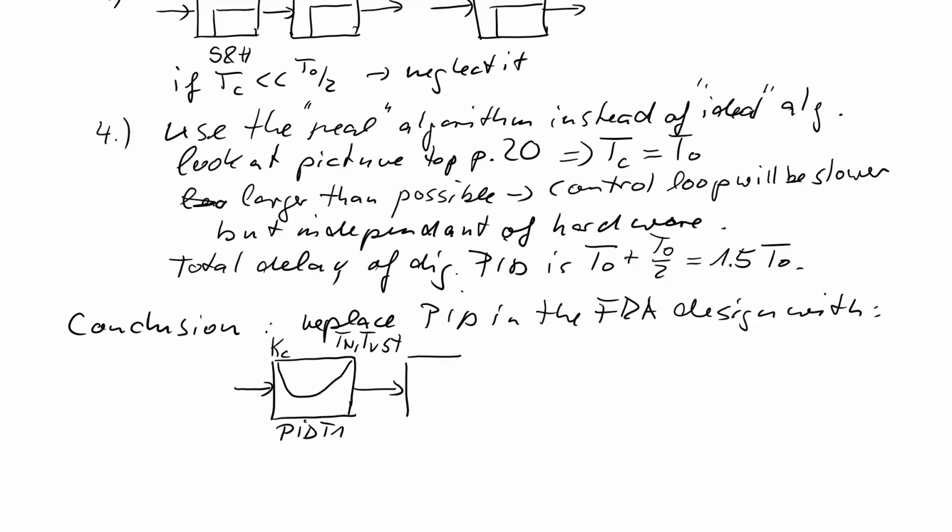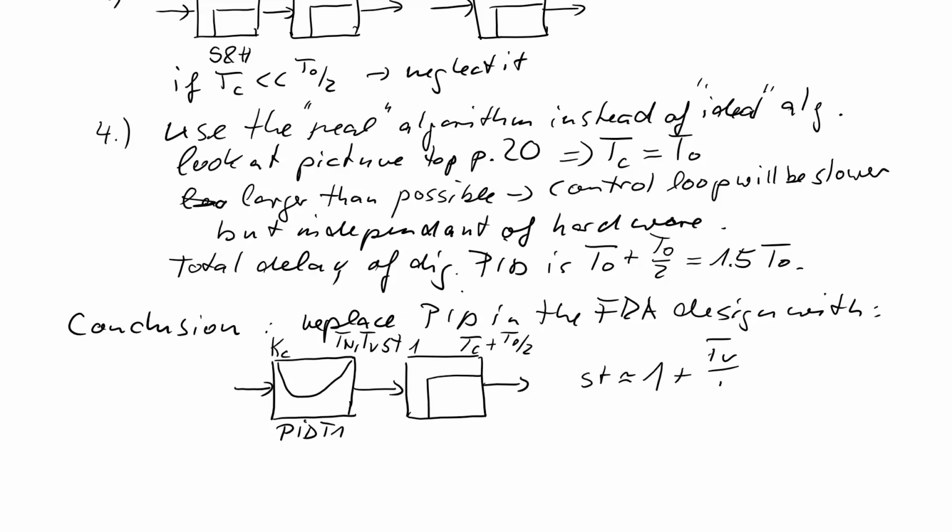And add a delay time block. These both things you have to do, and the delay time block is again 1, and the delay is TC plus the sampling time divided by 2. And the step depths of the PID depends directly on the sampling time.